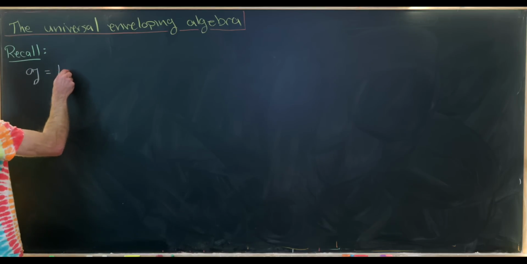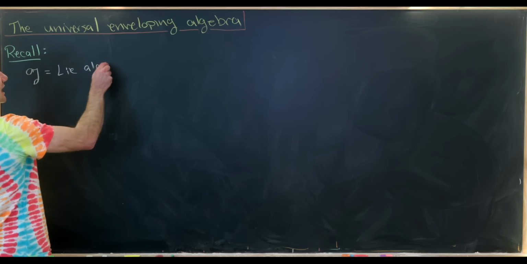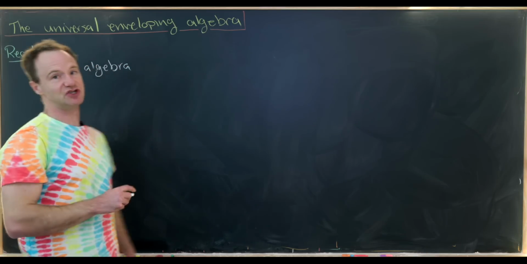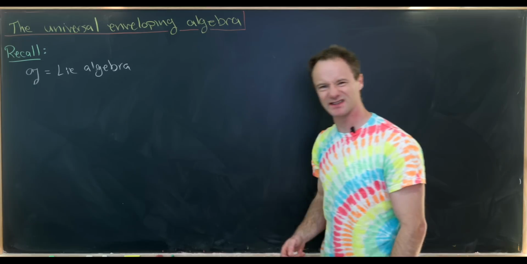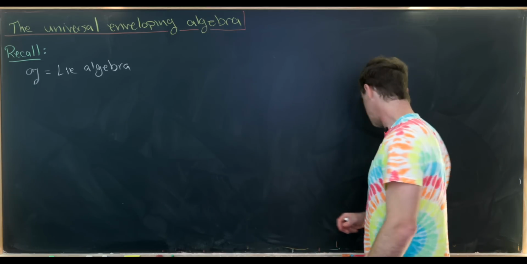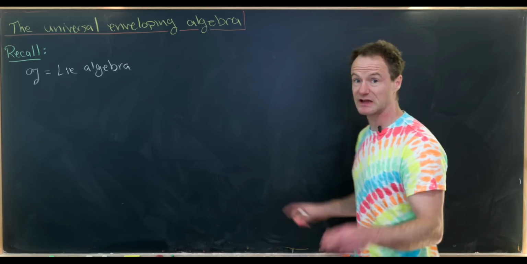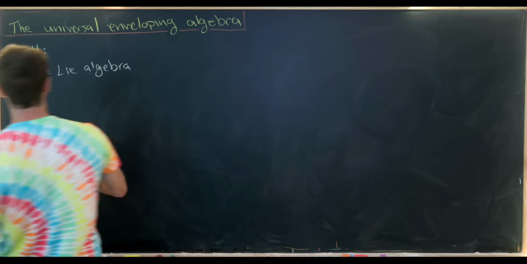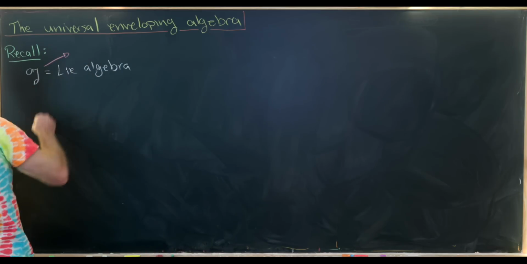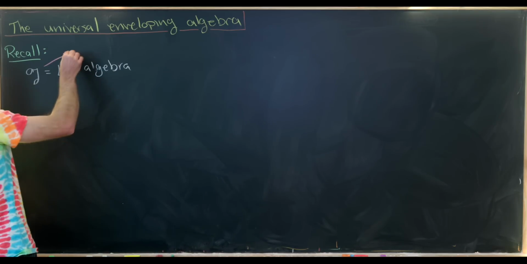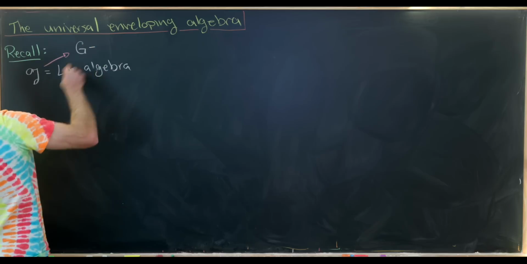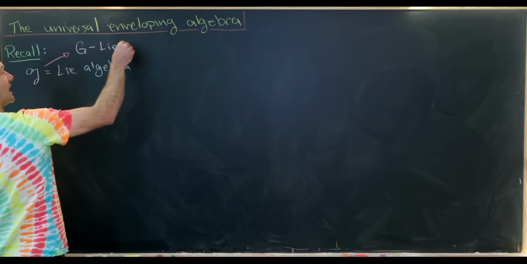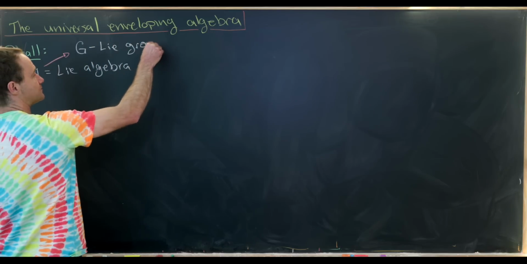So 𝔤 is a Lie algebra, and I'll use this fancy g to be the Lie algebra. This is like \mathfrak{g} if you speak LaTeX. And generally we use this fancy g because this is the Lie algebra associated to capital G, which is a Lie group.